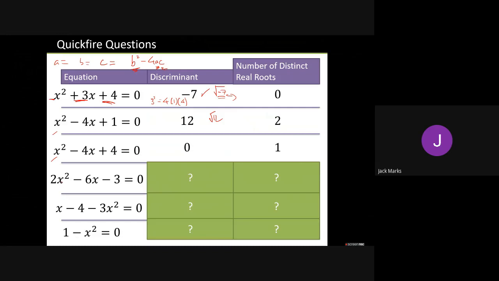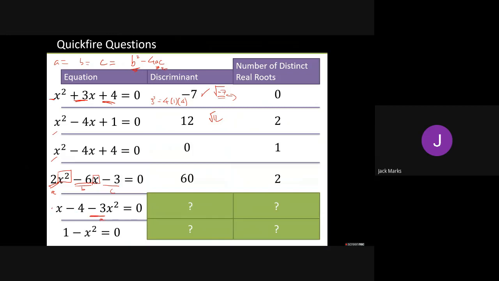Now, as the numbers get larger or they are moved around, whatever is in front of your x squared is your a. Whatever is in front of your x is your b. And the part without is your c. What's your a for this one? Minus 3.